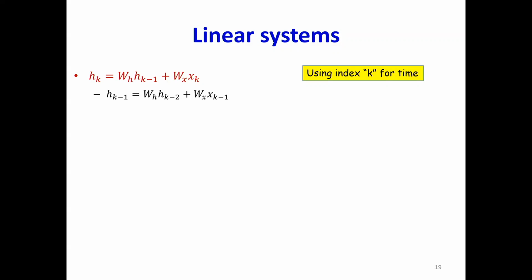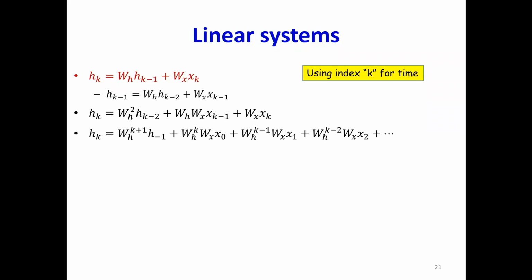If I expand it out and go back k steps, it's going to be WH to the k times HT minus k, plus WH raised to k minus 1 times WX XT minus k, plus WH raised to k minus 2 times WX XT minus k minus 1, and so on, all the way till you get WX X. That's what it's going to look like.